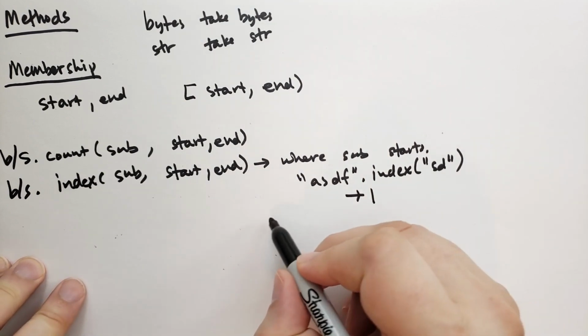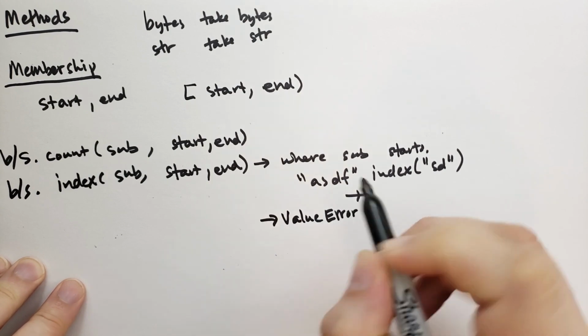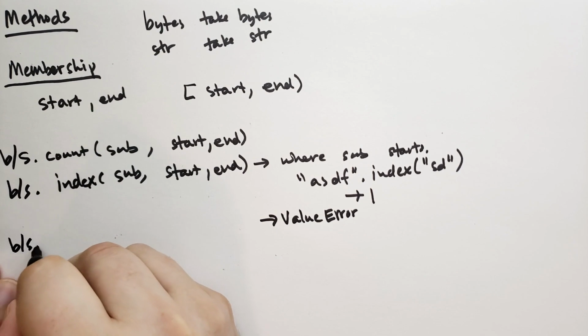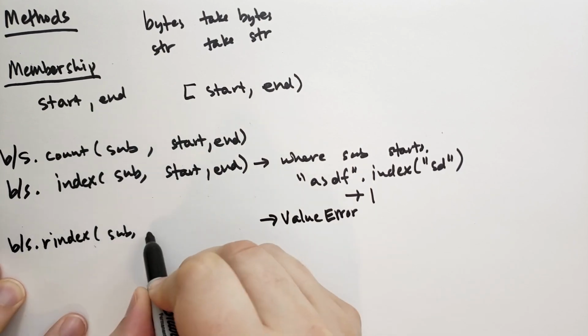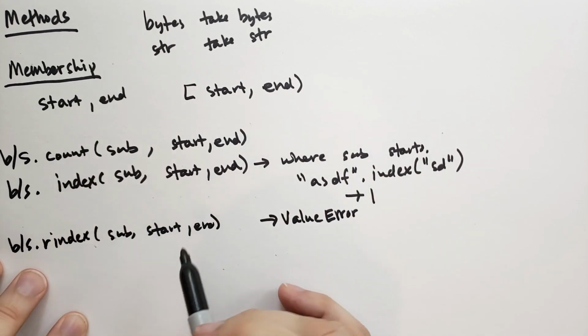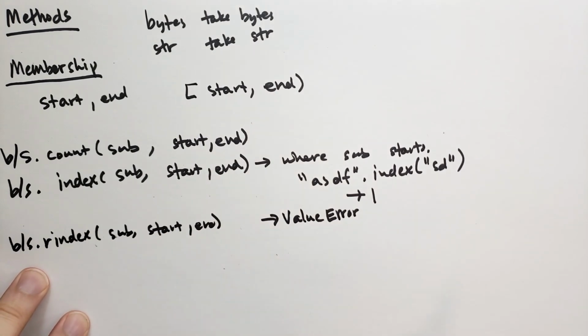Note that if it doesn't occur, it will raise a value error. Okay. There's also rindex. So b/s rindex, same parameters. And what this does is it starts from the end and goes to the left and looks for it. So if it occurs multiple times, it'll give you the rightmost one. There's a lot of R methods in these things.